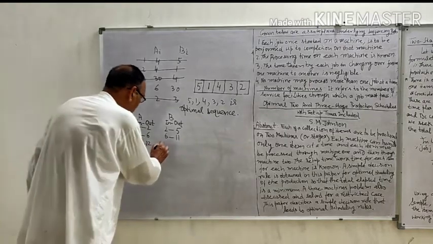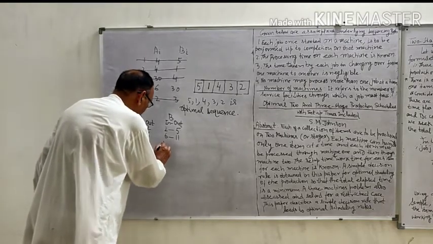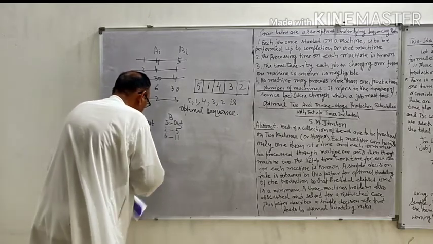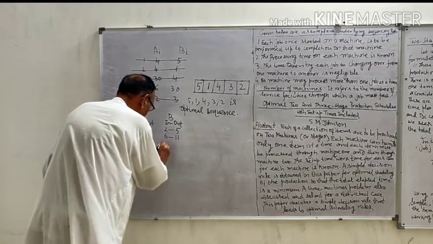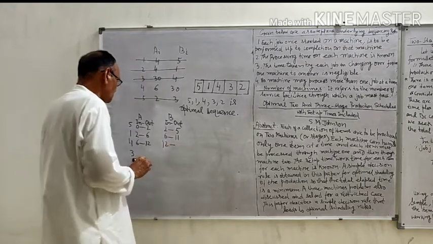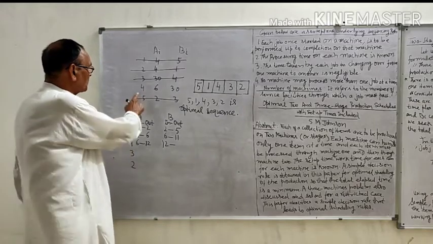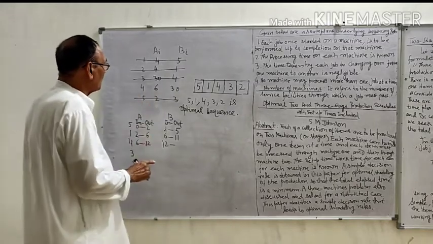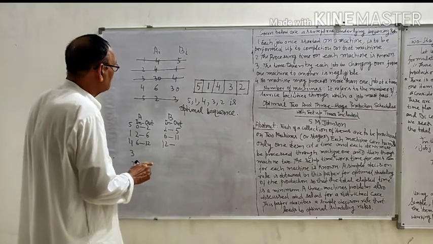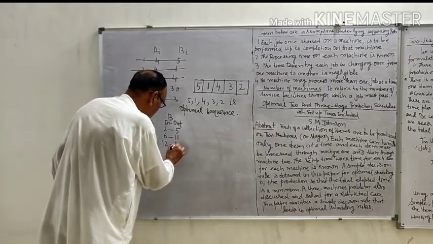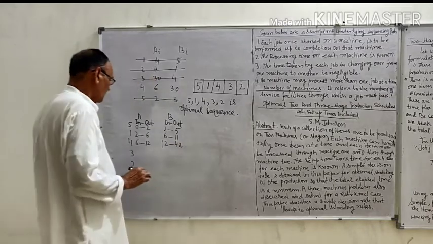It is available at 12 hours. And what is the processing time of job 4 for machine B? It is 30. 12 plus 30 is 42.